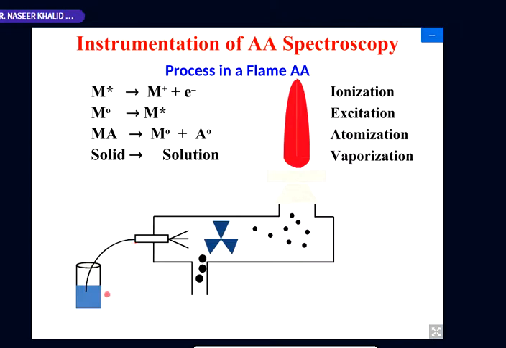You will push it, and this spray, whatever the liquid, is passing through this small orifice in the form of small vapor, and that is aerosol. So we are only pushing the solution through a small orifice, a small hole. It will be converting into particles. So that is known as aerosol.